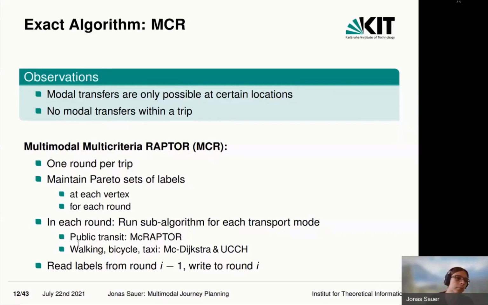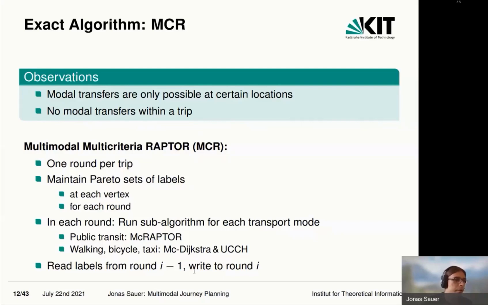And for the road-based networks, such as walking, bicycle, taxi, we would run a multi-criteria Dijkstra algorithm, and we can also apply the techniques that we saw for user constraint contraction hierarchies, which is that we can apply partial contraction to the networks to make the graphs smaller, to make these Dijkstra searches a little faster. And then we also perform CH upward searches to get from our source and target locations to the public transit network.